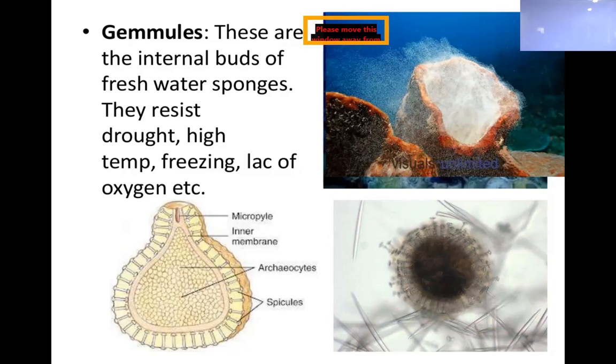Okay, that means removal of the old part by a new part. Can we say it in this way? See, in planaria, its cells become active and regenerate the lost part or organ back to its original state. They can also reproduce asexually by fragmentation. Spirogyra is the example of fragmentation.